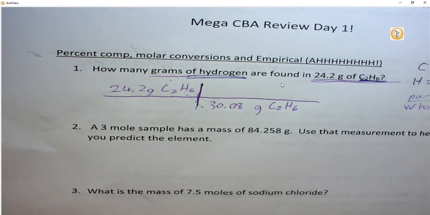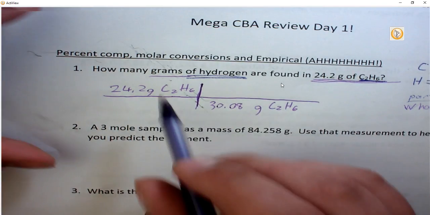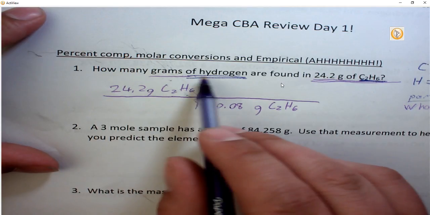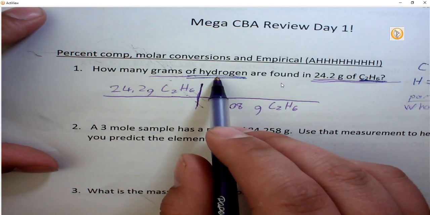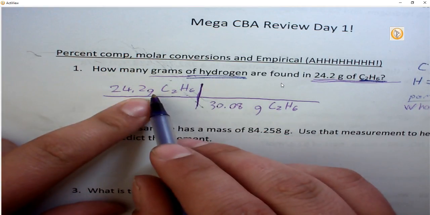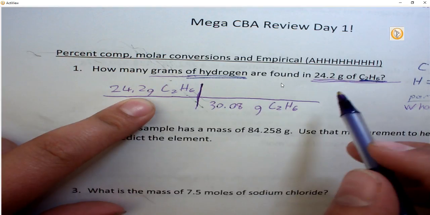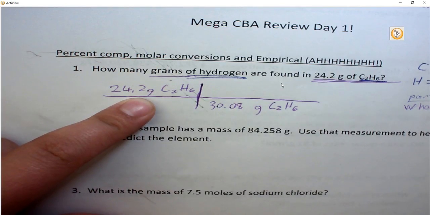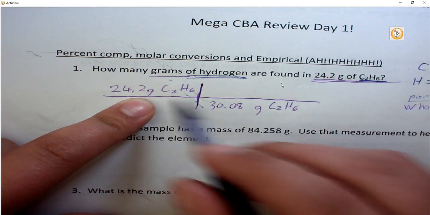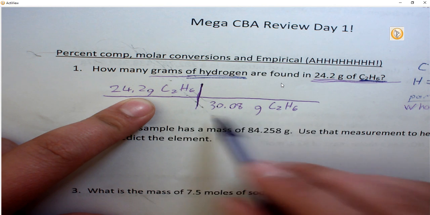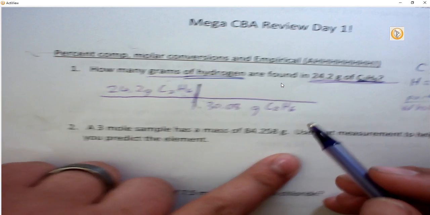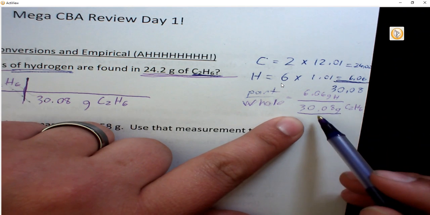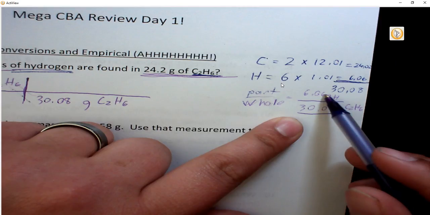So now the idea is we want to convert everything to grams of hydrogen. That's our goal. Well, we're usually not allowed to go from grams of one thing to grams of another. But we've already calculated how many grams of hydrogen are in this many grams of C2H6. And if we look over here, we've actually already made a conversion factor.